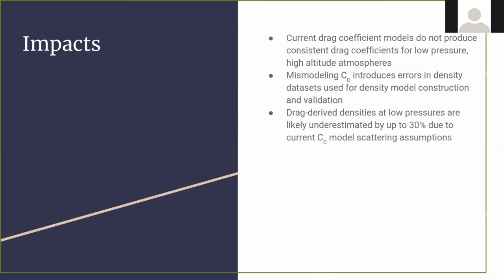And though more thorough analysis is needed to confirm this, we identified that tangential momentum accommodation is likely misrepresented in CD models, which leads to overestimates of CD by up to about 30% at these altitudes. And so this would mean that drag-deduced densities are underestimated by the same amount near and above that oxygen to helium transition region.